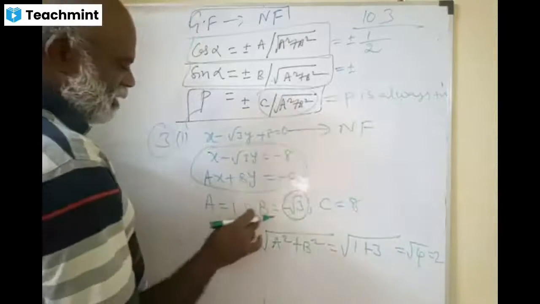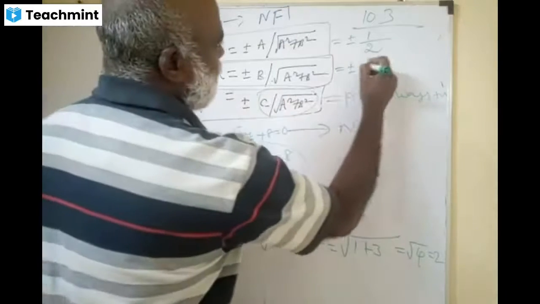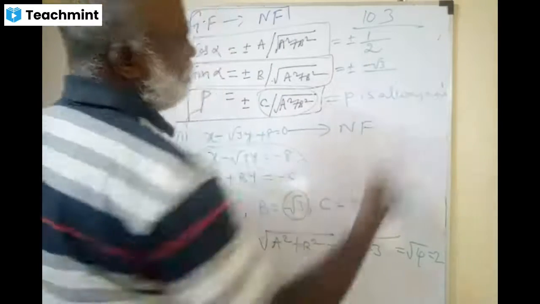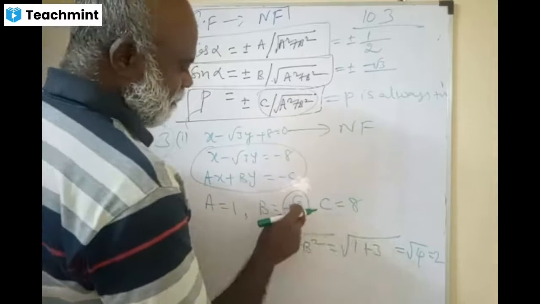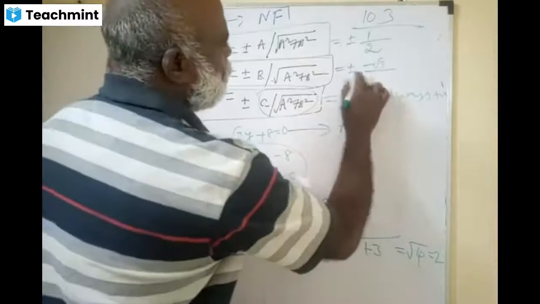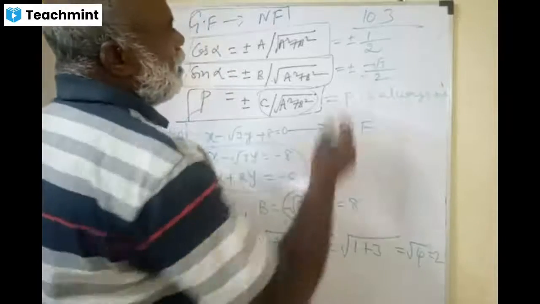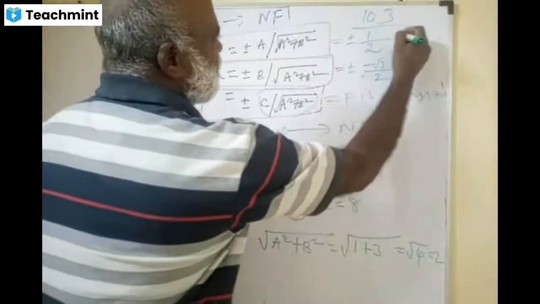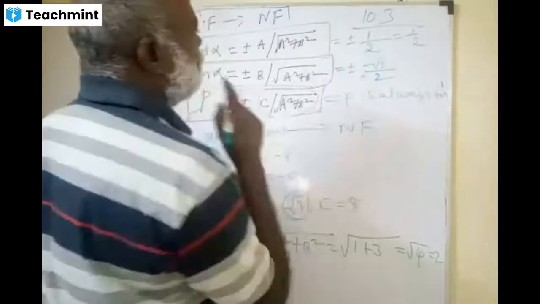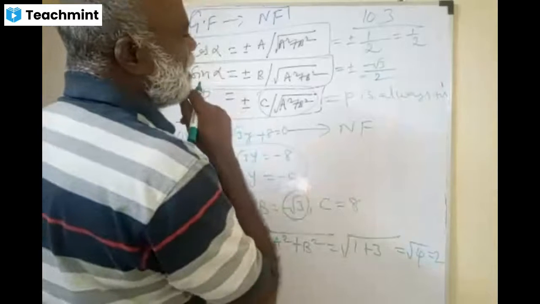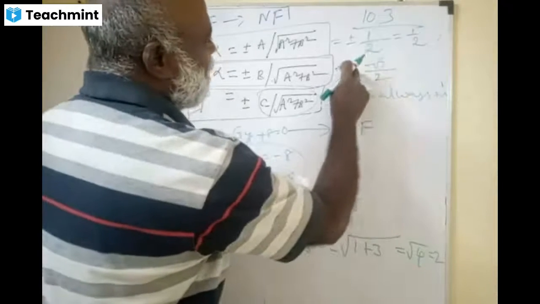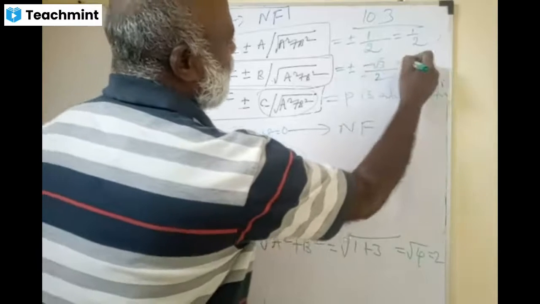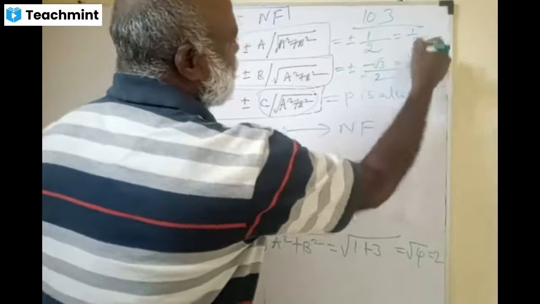B is minus root 3 by 2. If I take this as plus, this will become 1 by 2. Please understand this. If I take plus here, plus into minus is minus root 3 by 2, or vice versa, minus root 3 by 2.